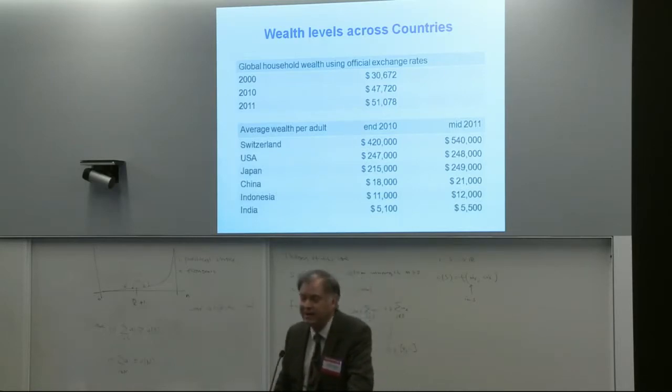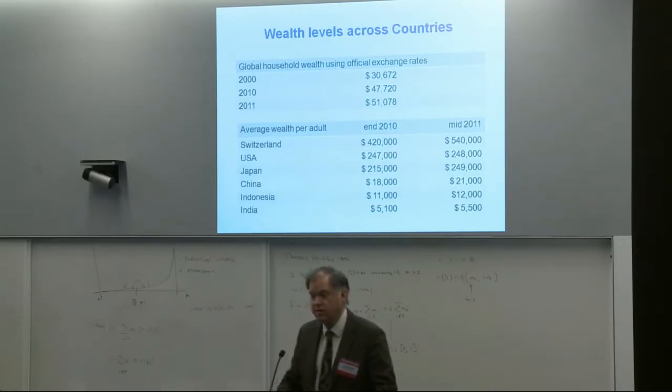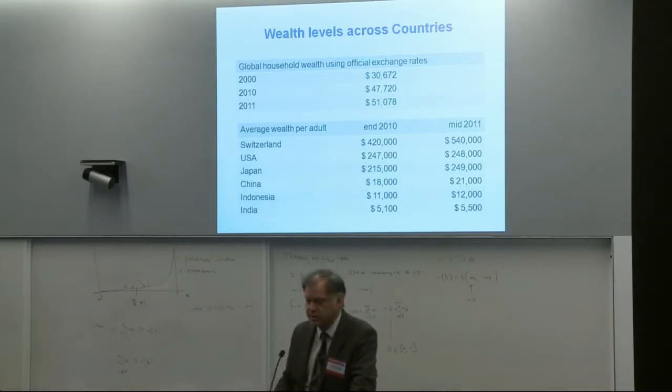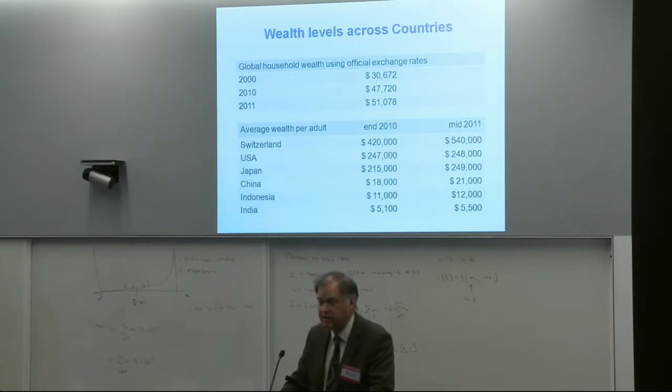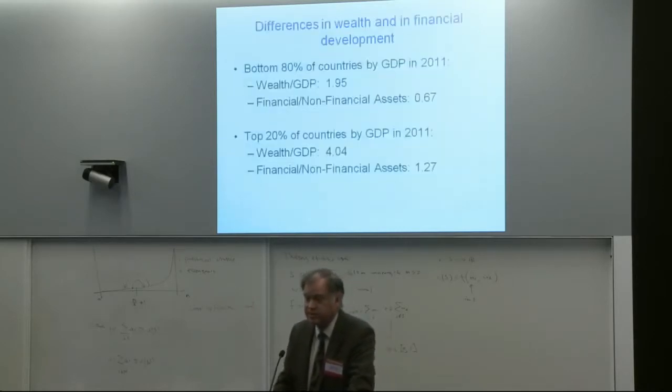And the thing for Japan is also exchange rate stuff. China is almost on a fixed exchange rate with the US, so the increase there is not subject to that same influence. So worldwide, in our 2011 numbers, the average wealth per adult was about $50,000.